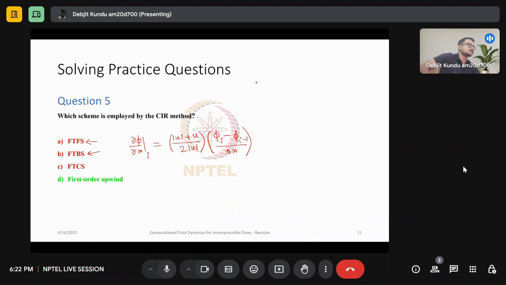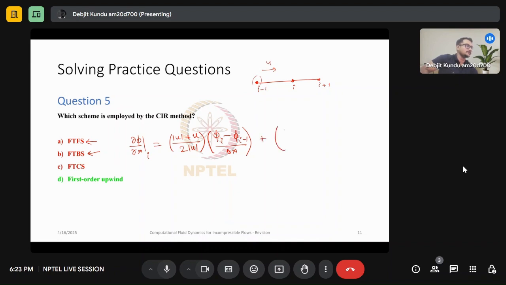So this is your template. You have I over here, I minus 1, I plus 1. So when u is positive, your upwind point is I minus 1. That's why you use this.